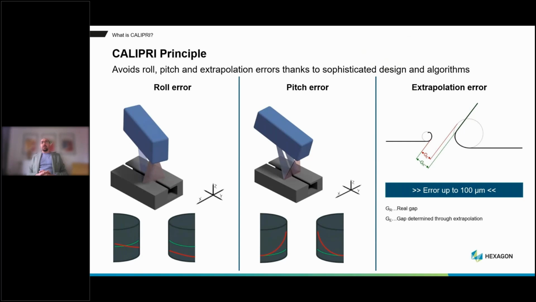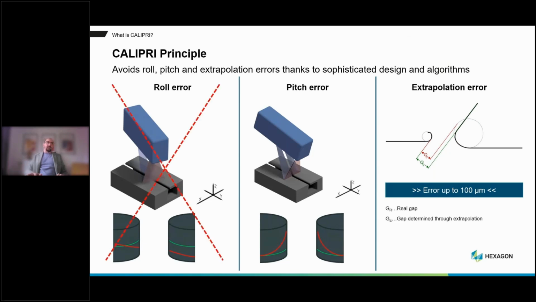So what are the three main errors of laser triangulation? Basically, there is a roll error, a pitch error, and an extrapolation error. A roll error will exist if you're not measuring 90 degrees to our profile. So in our case, again, we have the CALIPRI technology. If we wouldn't be in a 90-degree angle, our lines would form a certain V shape.